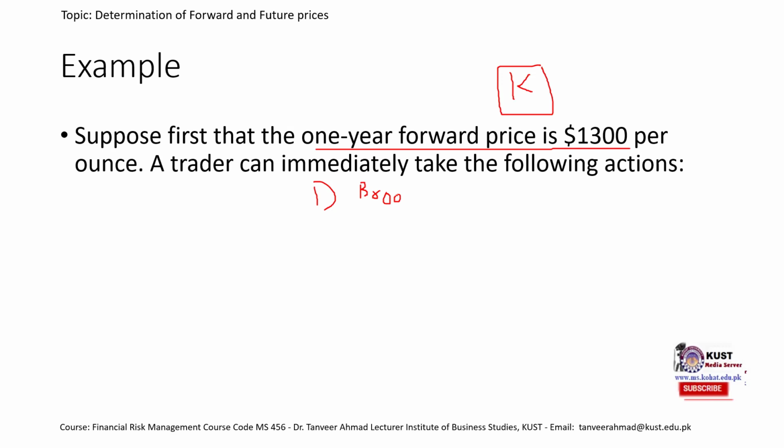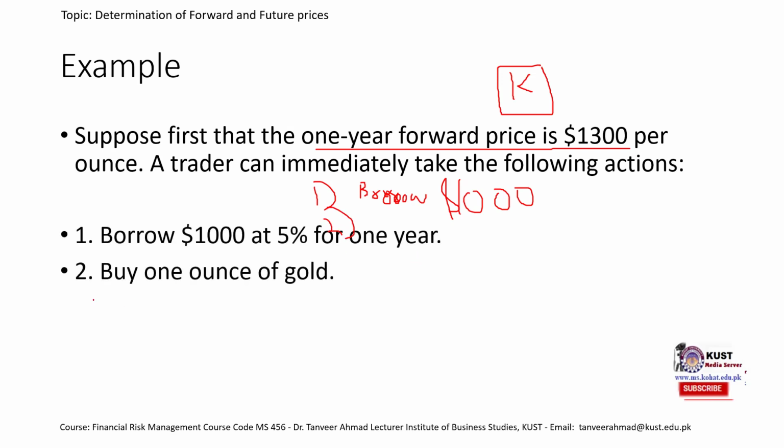If that is the case, what would happen is that first, any investor would borrow $1,000 from a bank, right? He would borrow this $1,000 at 5%, and then the investor would buy that 1 ounce of gold at what price?